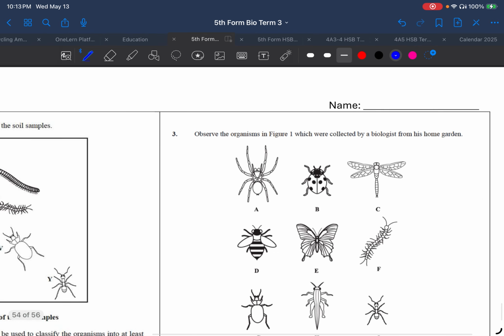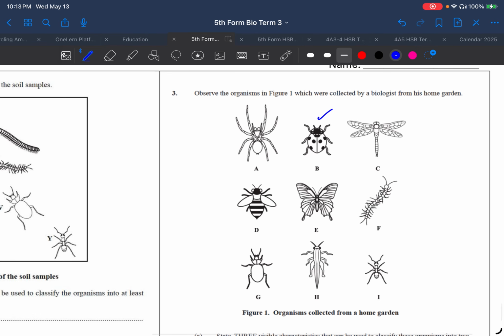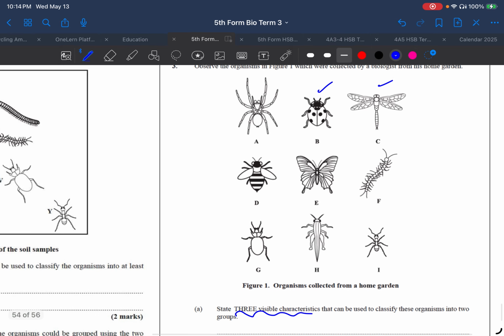So if I look at the 6 legs, I could put in B. This is not visible, but because we know about the wings, we're gonna put that into the group as well. D, E, G, E, H, and I. And I even want to take these out simply because they're not being seen. Those two are not being seen.